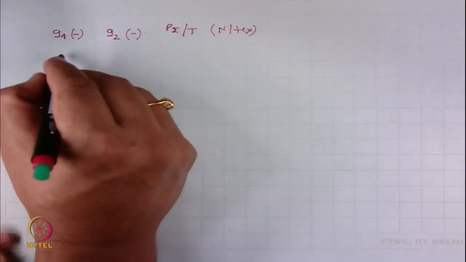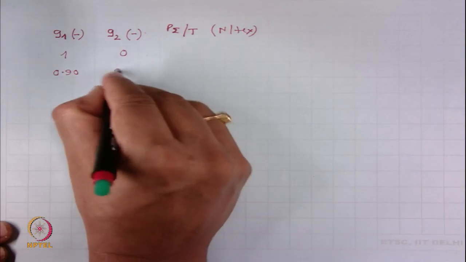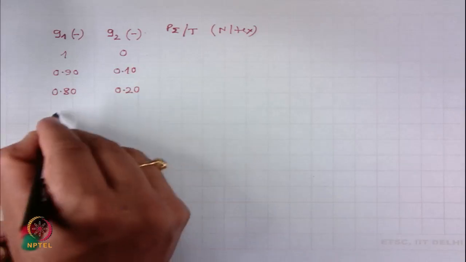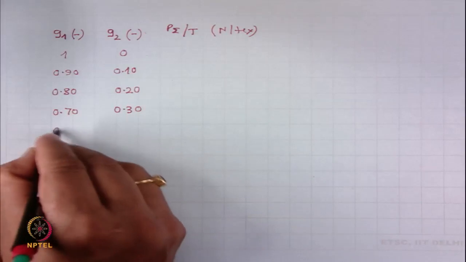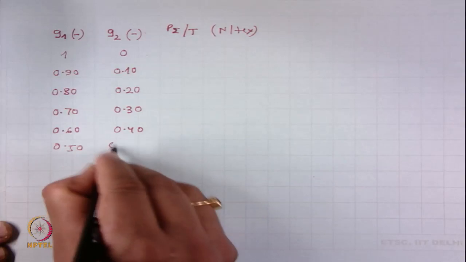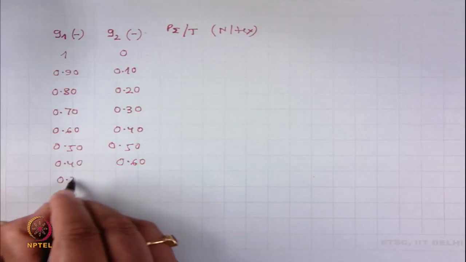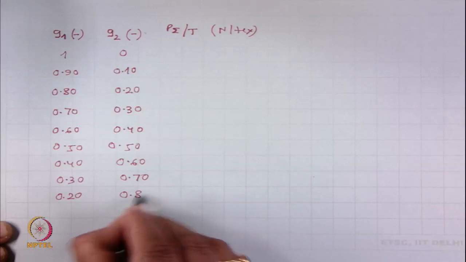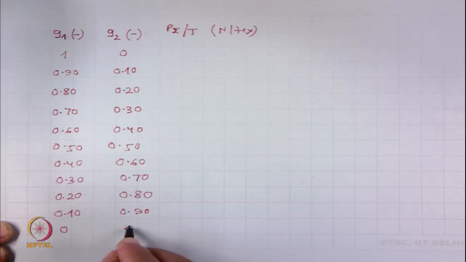So, 1 0, 0.9 0.1, 0.8 0.2, 0.7 0.3, 0.6 0.4, 0.5 0.5, 0.4 0.6, 0.3 0.7, 0.2 0.8, 0.1 0.9, 0 1.